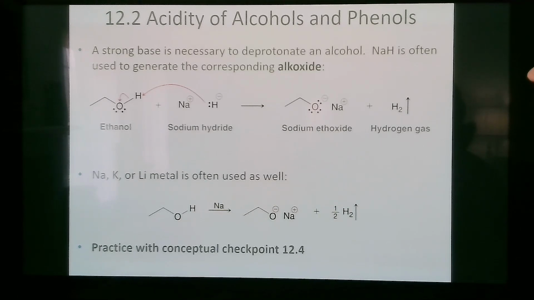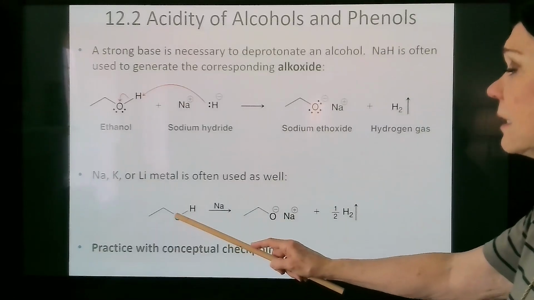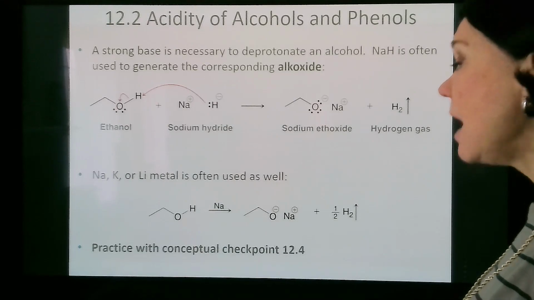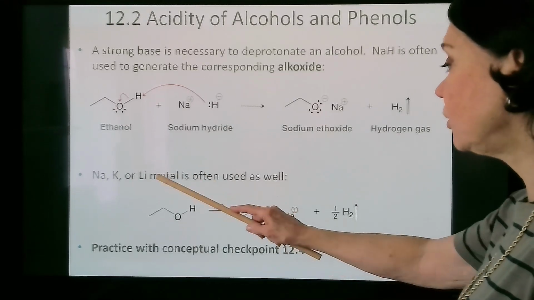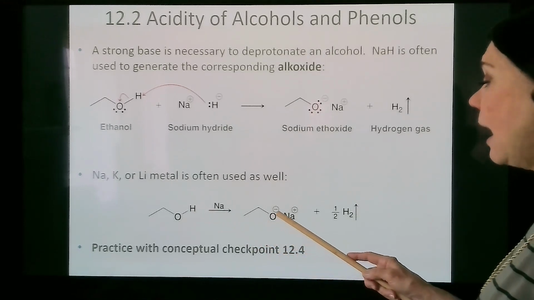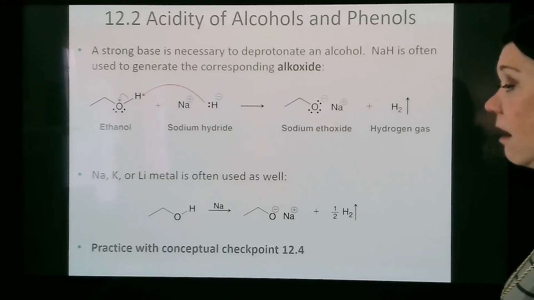And it's also very nice because you don't have any impurities to remove. The same situation with sodium, potassium, or lithium metal. Here, this will be used to convert the alcohol to alkoxide, and once again, hydrogen gas is evolved.